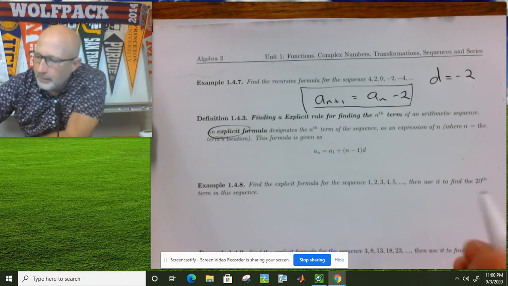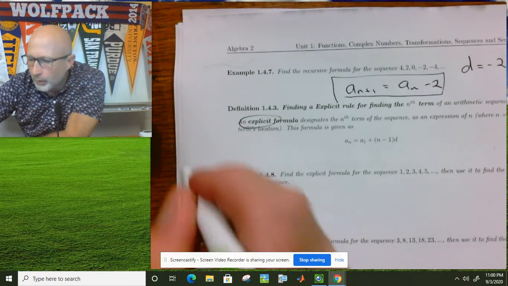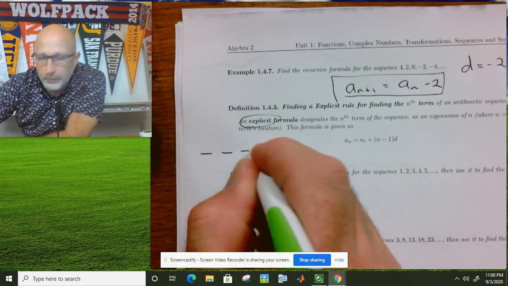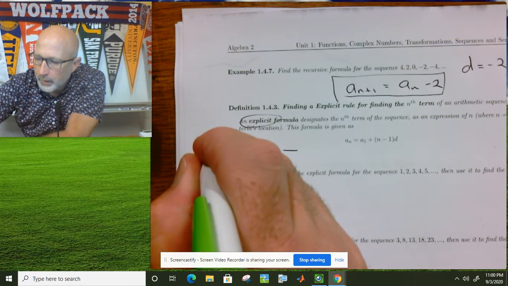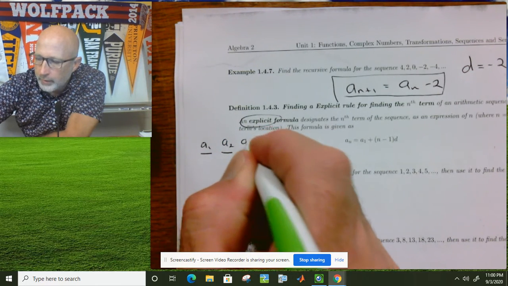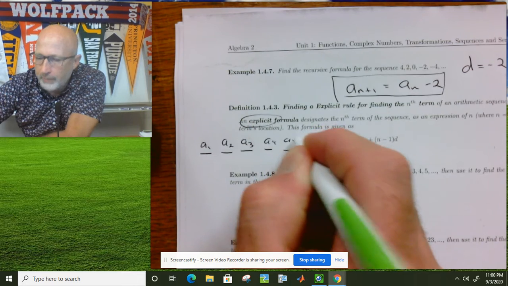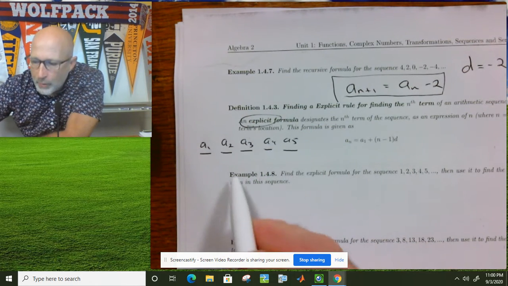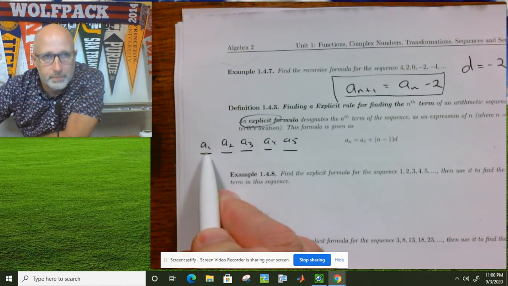If you think about how this works, you have a bunch of terms. This is A1, this is A2, A3, A4, A5, and so on. A1 represents the first term.